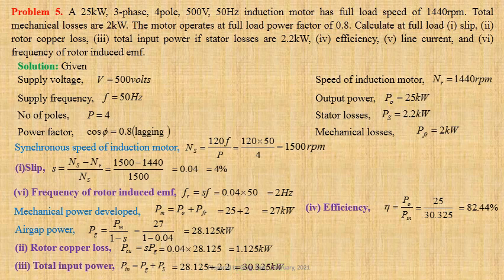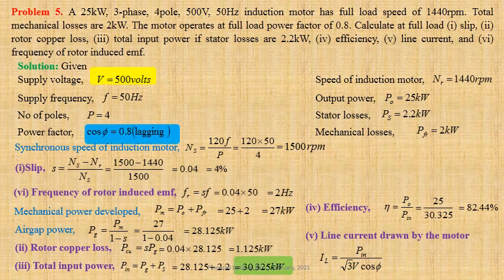82.44%. Line current drawn by the motor IL equals P in divided by √3 times V cos phi. Using values, we get 30.325 into 10 to the power 3 divided by √3 into 500 into 0.8.